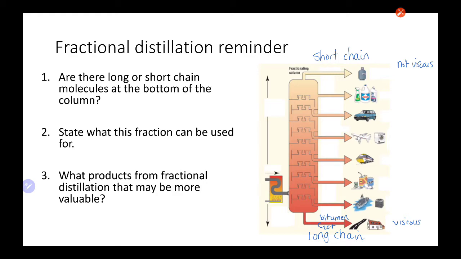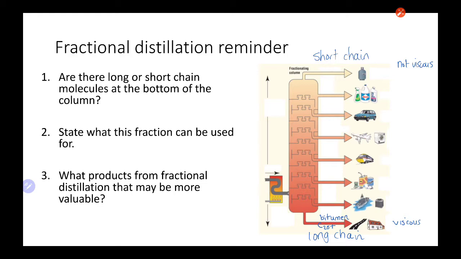What we're interested in here is the uses and which ones are more useful for us. Definitely bitumen is useful: it tars roads, it roofs houses and all that sort of stuff. However, you might have heard people talking about how oil, petrol and diesel prices are always skyrocketing, so it's really expensive.